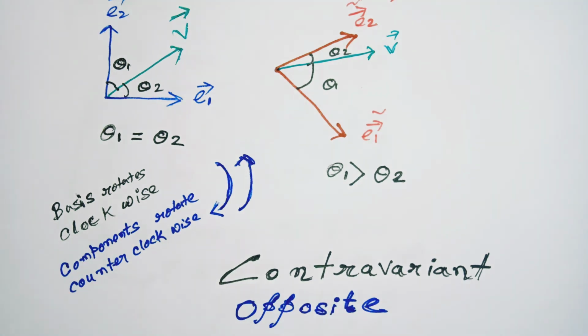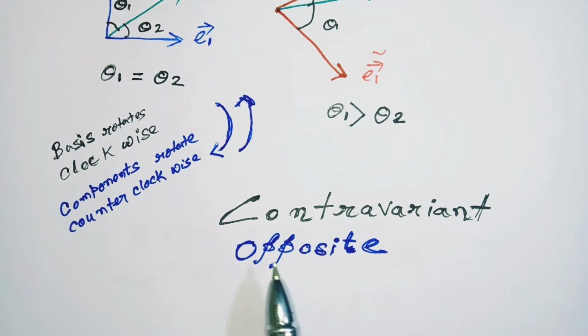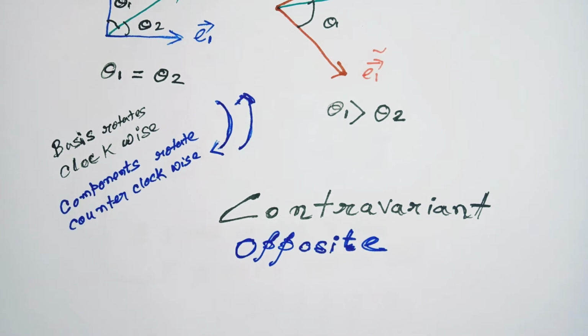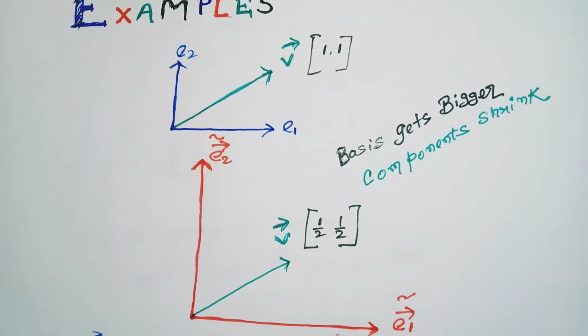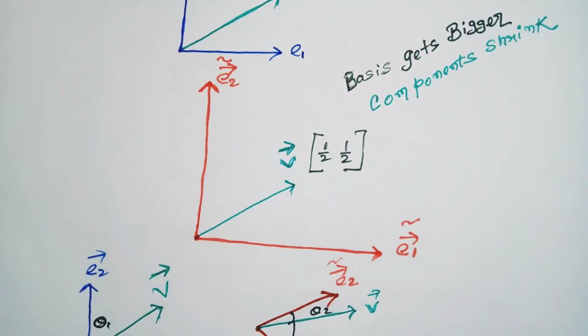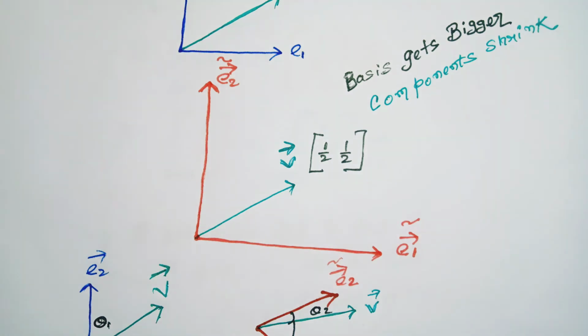So these are the two classic examples, and this is how they show contravariant vectors. Contra in general English means opposite, and contravariant means that it behaves exactly in the opposite direction. In these two examples the basis vectors have gone from e1, e2 to e1 tilde, e2 tilde. The vector v remains the same, but the scaling part reduces to half.